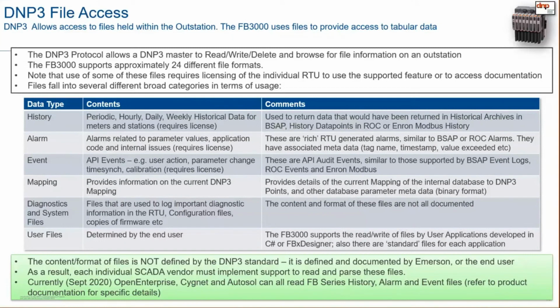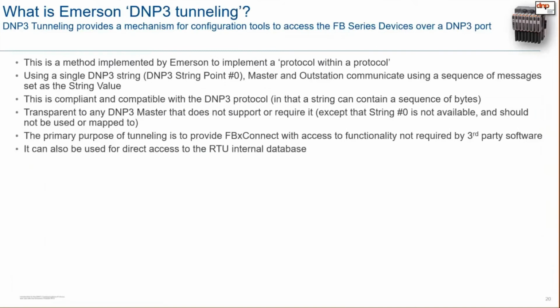Another enhancement that you may have heard about if you've been talking to folks about the FB3000 is something called DNP3 tunneling. And there's a lot of confusion about this, and I wanted to try and clear that up today. DNP3 tunneling provides a mechanism for our configuration tools to access the FB series devices over a DNP3 port, a port that's being used for DNP3 communications.